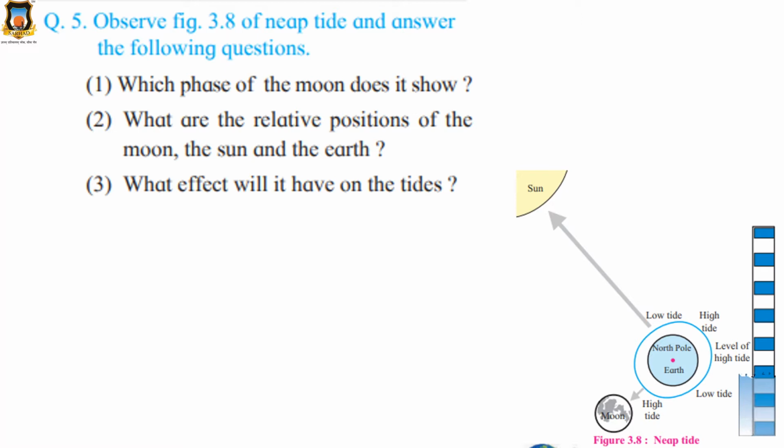Here you can see they are not in a straight direction. The moon, earth and the sun are at a right angle. Clear? Now just tell me, which phase do they show?